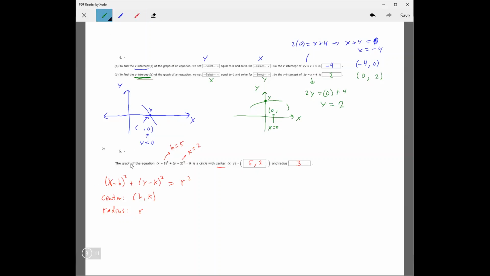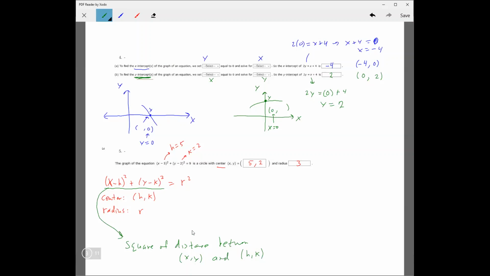Now, this part right here, if you were to go back and look at the distance formula, this is the square of the distance between (x, y) and (h, k), or (h, k) and (x, y), the other way around.